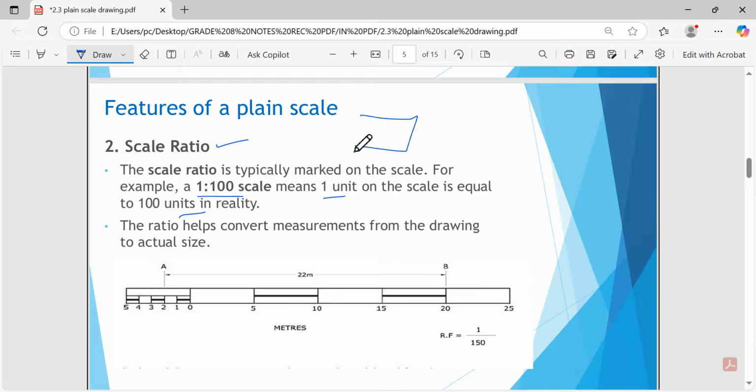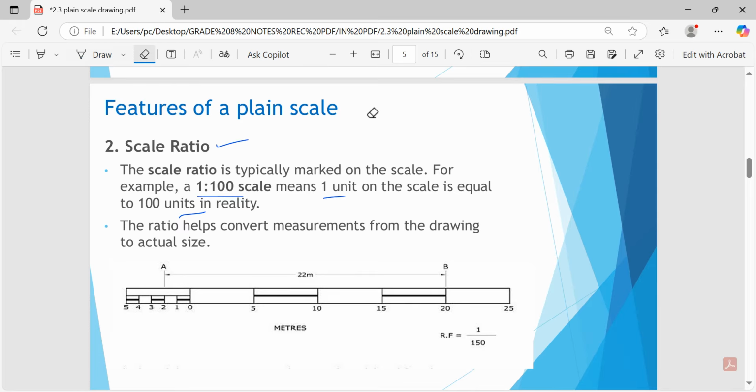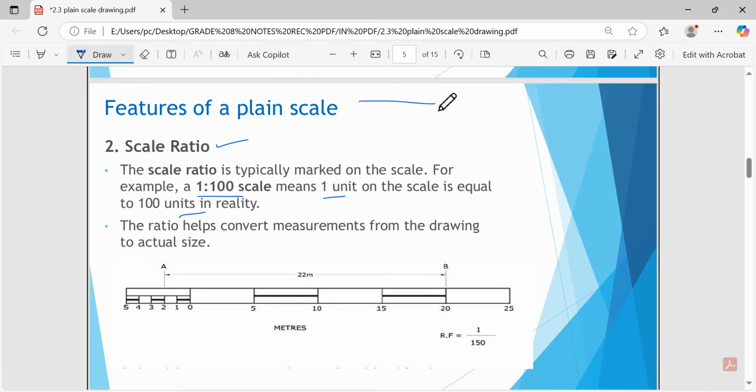For example, this is my drawing. It looks like that. It is a square. If from here up to here is 1 centimeter, maybe 2 centimeters, maybe 3 centimeters, this means that 1 centimeter on my drawing will be represented by 100 centimeters in the actual drawing.